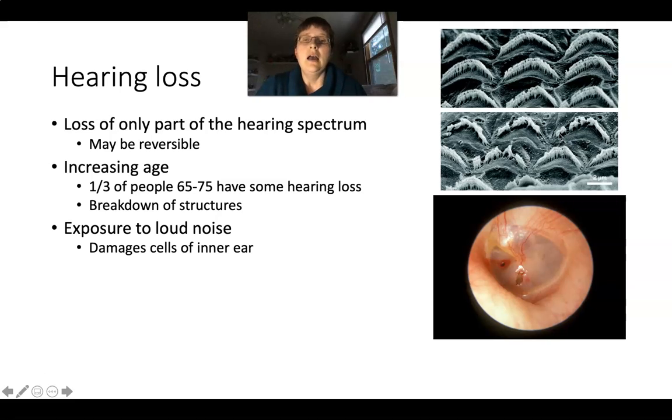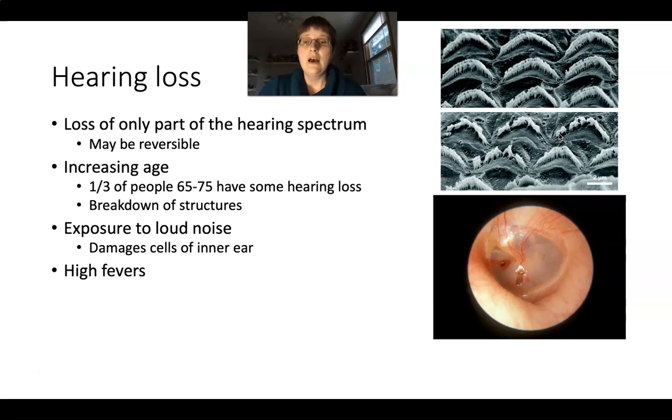Now, if it's just something like a concert for a short period of time, more than likely it's just temporary and your hair cells will regenerate, because you've probably just done a little bit of banging around on them and they just need some time to recuperate. If, on the other hand, you are being exposed repeatedly to loud noise, like on a job, without ear protection, then this can be permanent because you possibly have damaged them to the point where the hair cells can't recover.